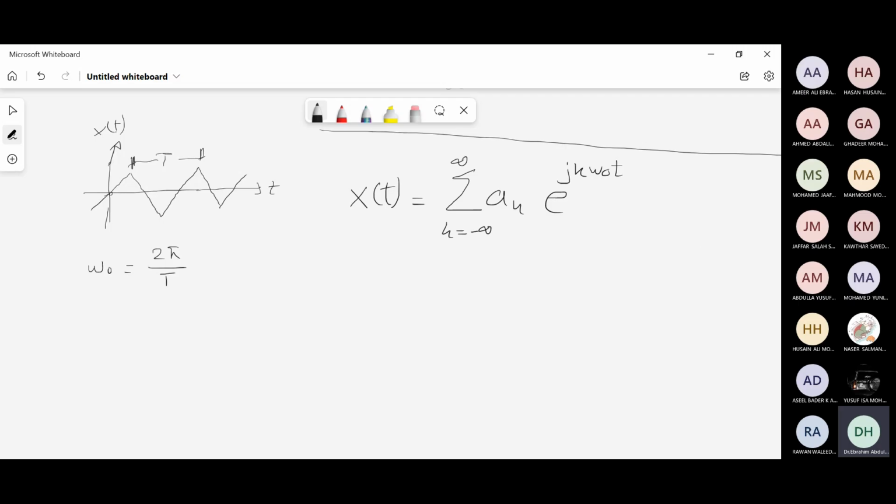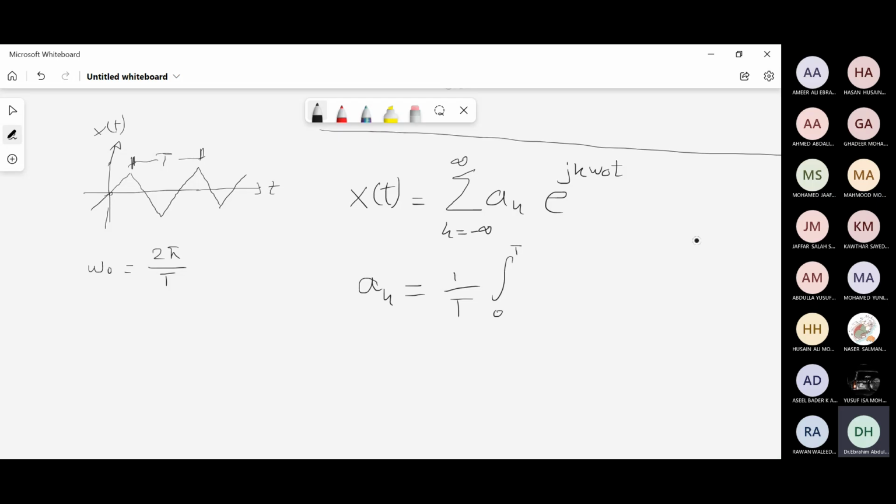Okay, how to find a_k? It's not that difficult. You can prove it if we multiply both sides by e to the power of minus jk omega naught t, then take the integration from 0 to T over one full period. Then we get a_k. So a_k is equal to 1 over T times the integration from 0 to T, one full period.